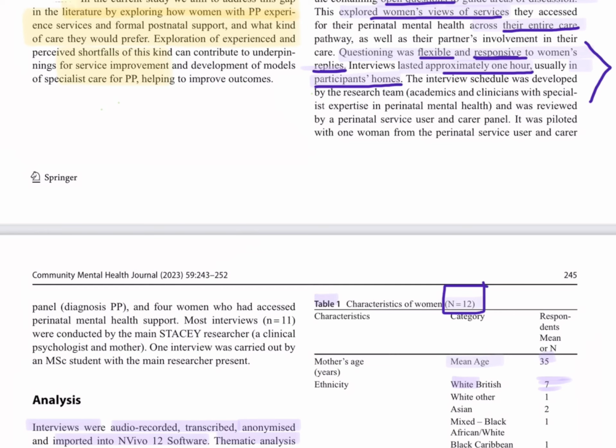It also asked about their partner's involvement. We learned that the questions were flexible and open, that interviews took approximately 1 hour, and that they were in the participant's home. So we get all of those details about the tool.